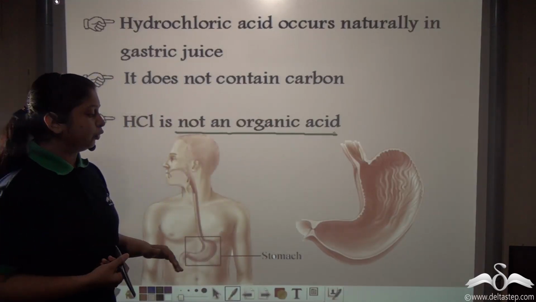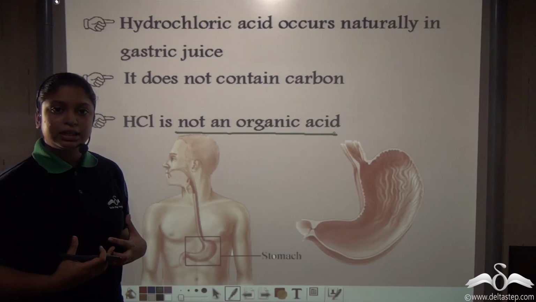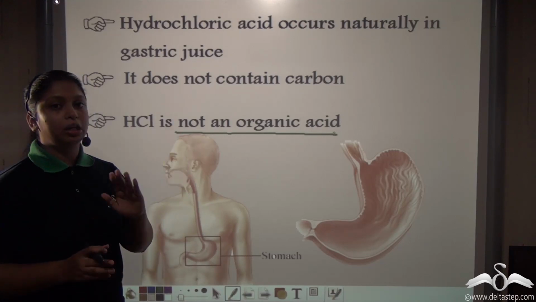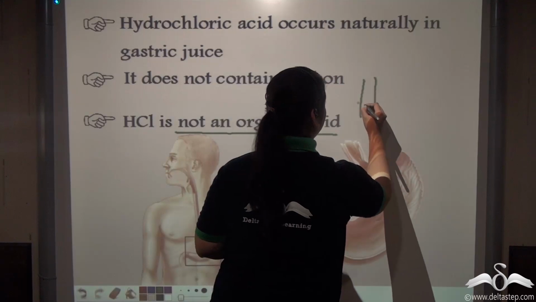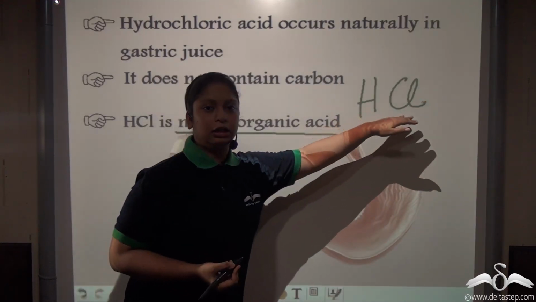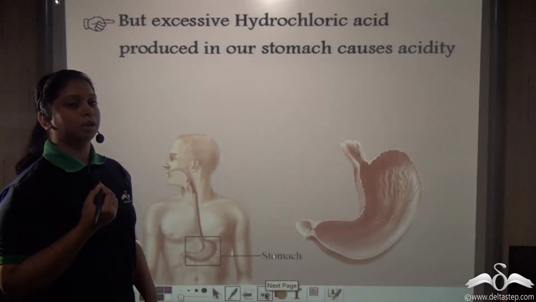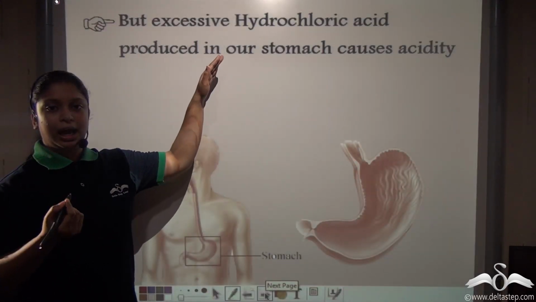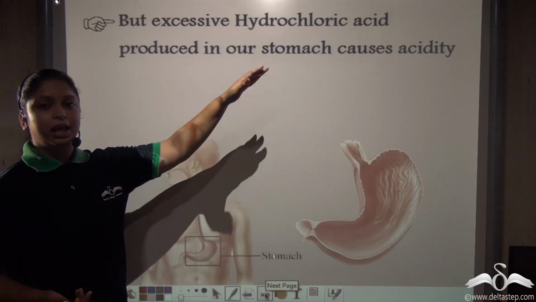So, even though you find HCl inside our stomach, inside a living organism, yet it is not an organic acid because in its formula, you do not have carbon. You have hydrogen and chlorine, no carbon. It is this hydrochloric acid in our stomach, if produced excessively, that causes acidity.